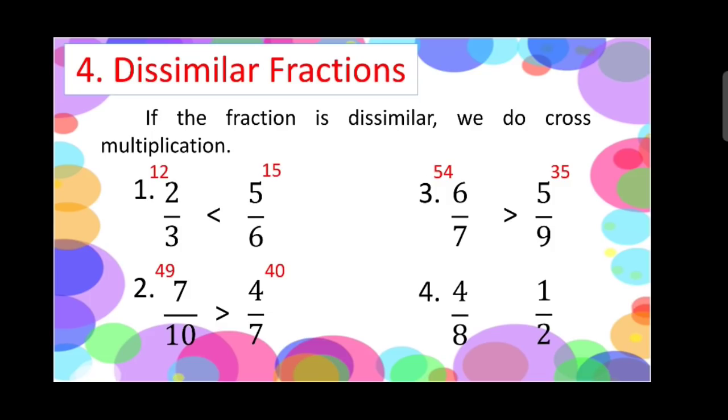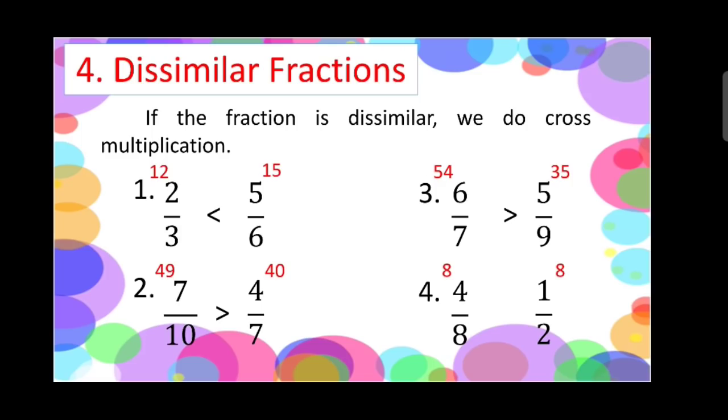And lastly, ayan, 4 over 8, then 1 half. Di ba? Dissimilar fraction, magkaiba sila ng numerator and denominator. So, we do cross multiplication. 8 times 1 is equal to 8. Then, 2 times 4 is equal to 8. Oh, same sila ng number, di ba? 8 and the 8.